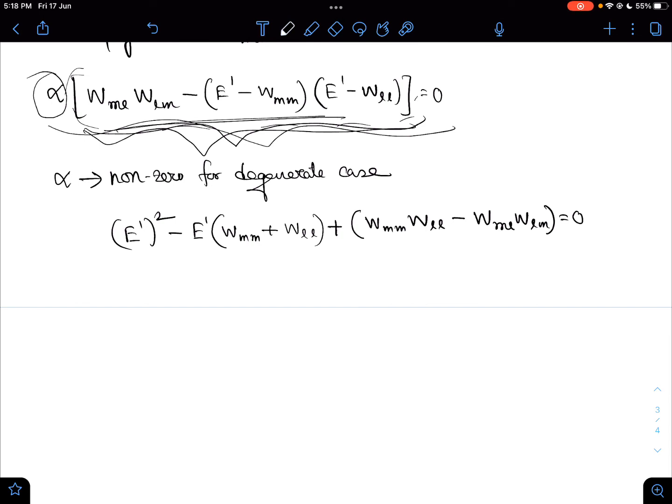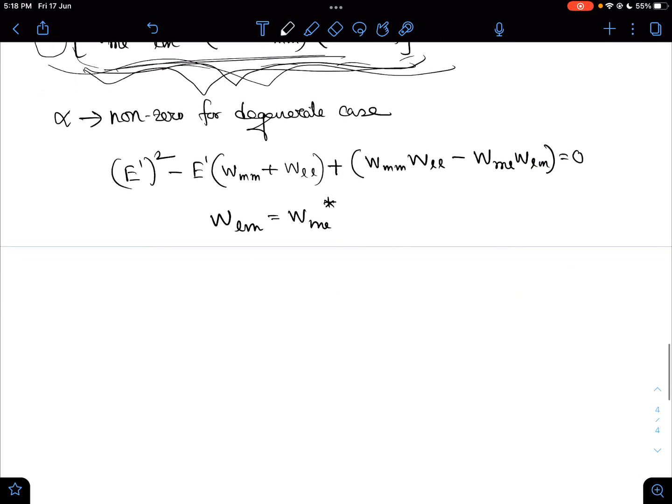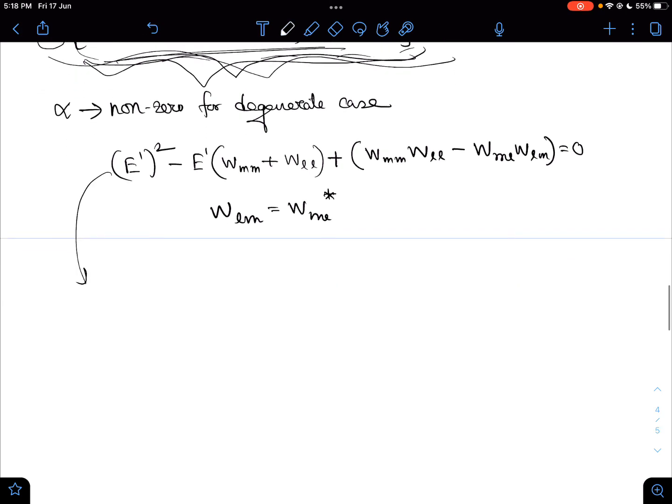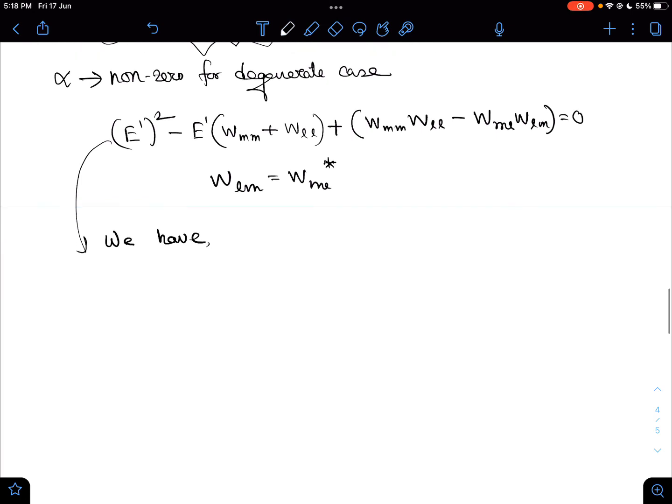We know that the Hamiltonians H0 and Hp are both Hermitian, so we have omega Lm equal to omega ml star. With this condition, from this equation we will have E1 plus minus.